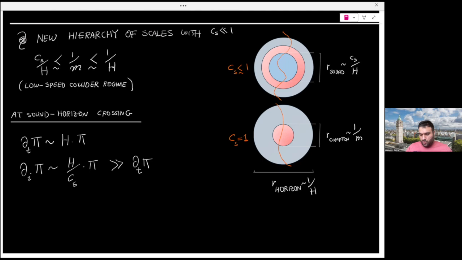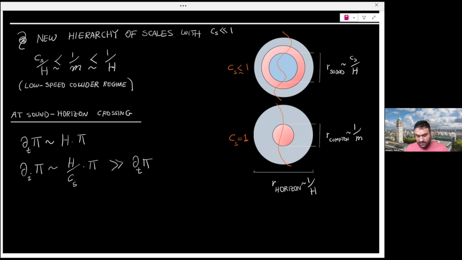So this shows that we are in a situation where the redshift of the expansion makes the modes first exit the sound horizon before they hit the mass shell. What this allows you to do is to first observe that the time derivatives of the phonons at the sound horizon crossing are of order Hubble, whereas the spatial derivatives are of order Hubble over the speed of sound, which, when the speed of sound is very small, is much bigger than the time derivatives.